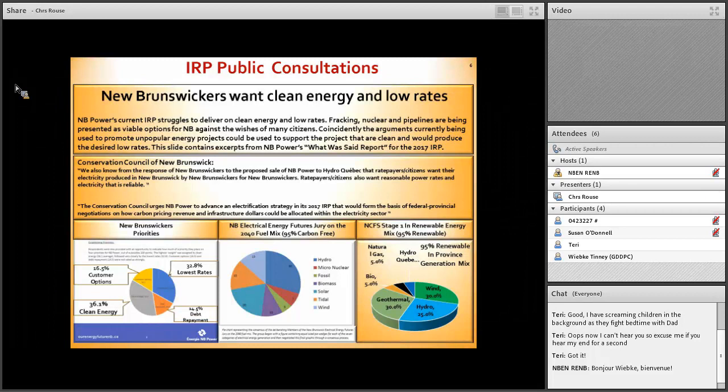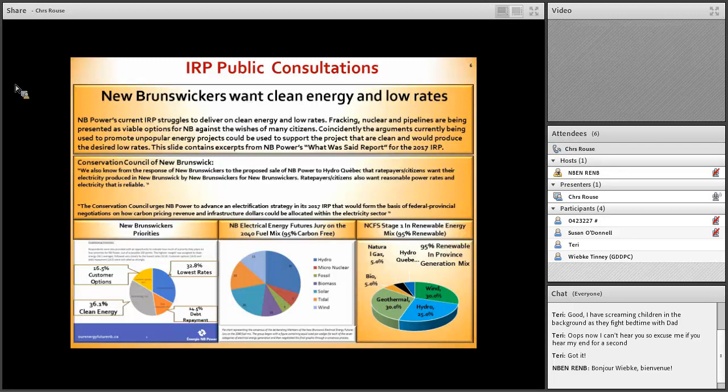The bottom left chart was part of the public consultations in which customers had four options, and they get to put their priorities where they want. And we'll notice that the largest share of priorities from respondents was clean energy at 36.1%. Lowest rates was the second most important at 32.8%.